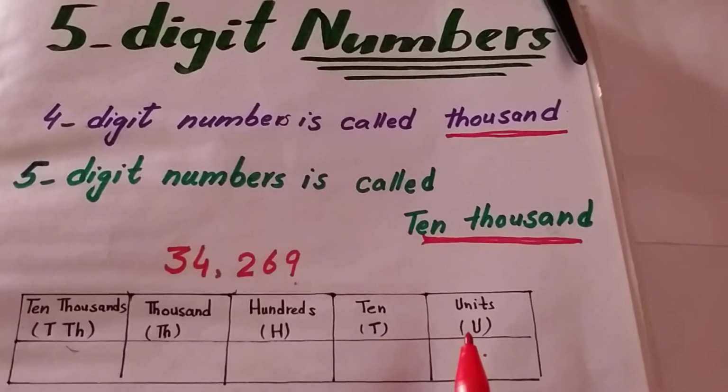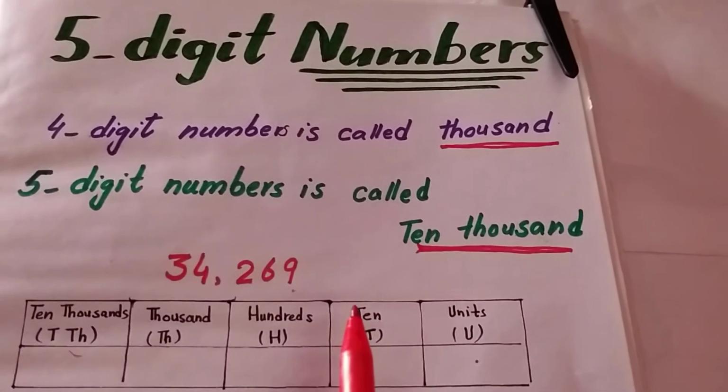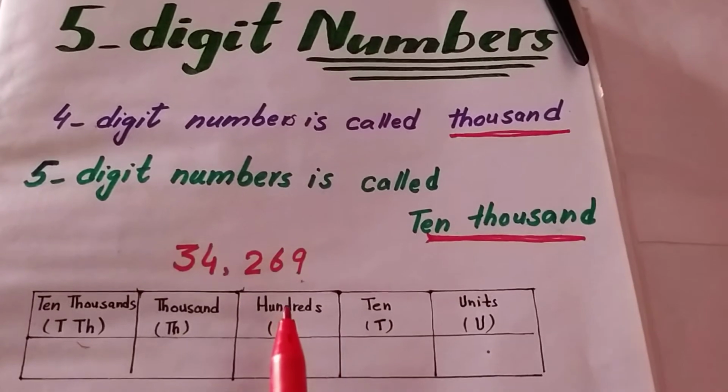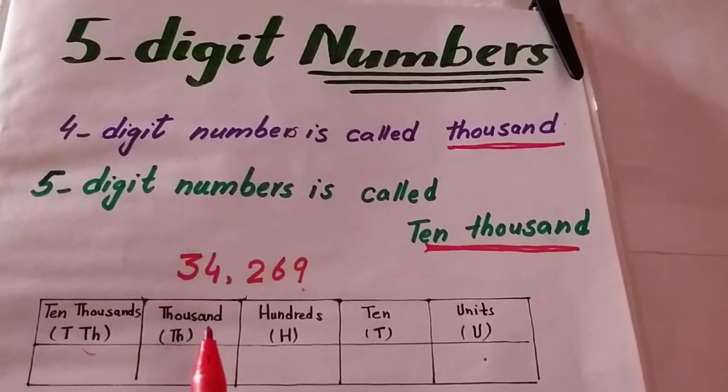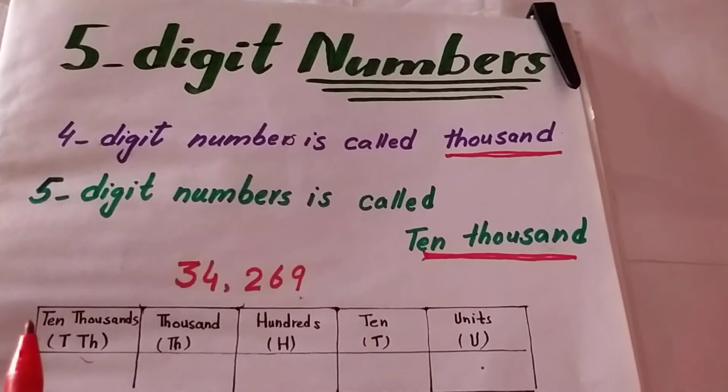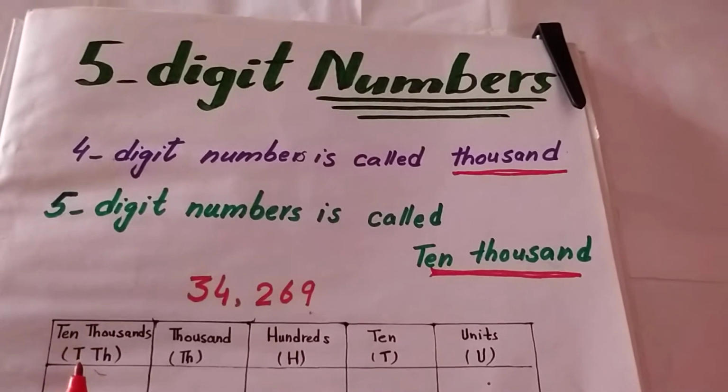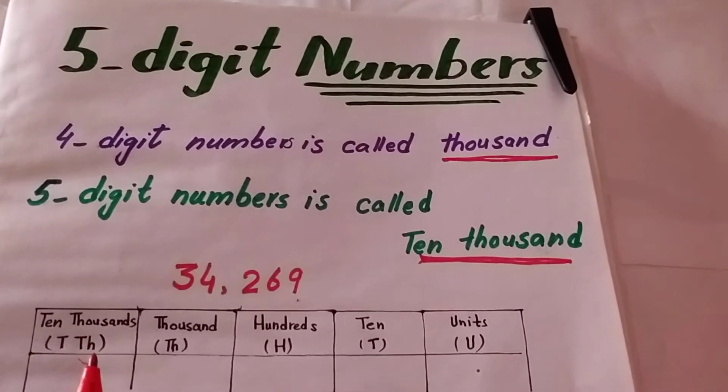Unit is written as U, 10 as T, 100 as H, 1000 as TH, and 10,000 as 10 TH.